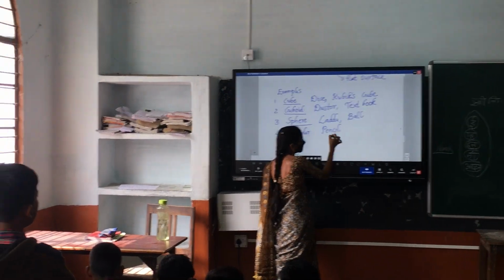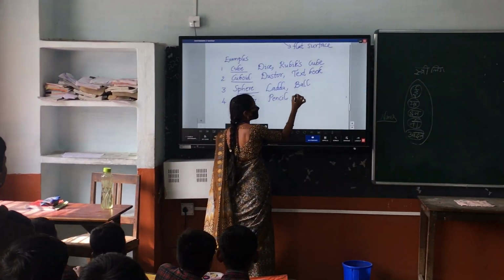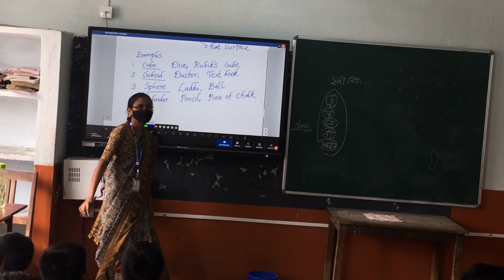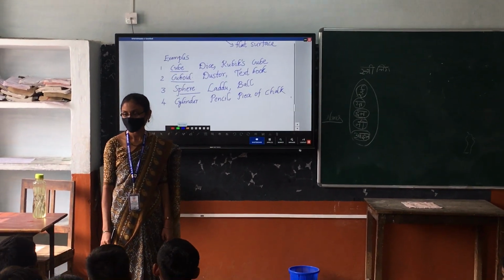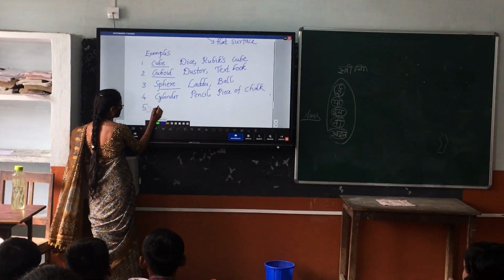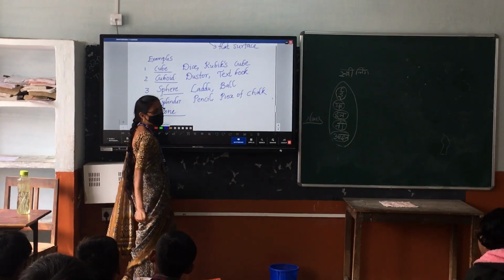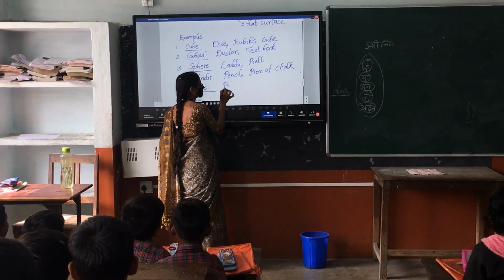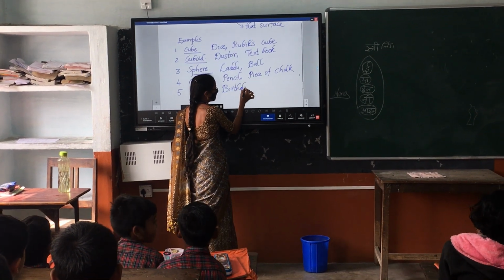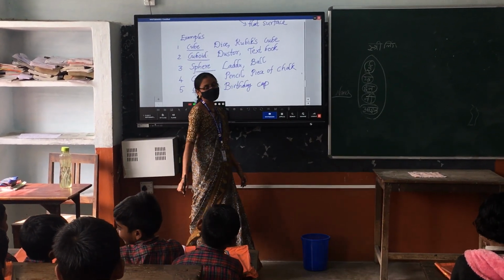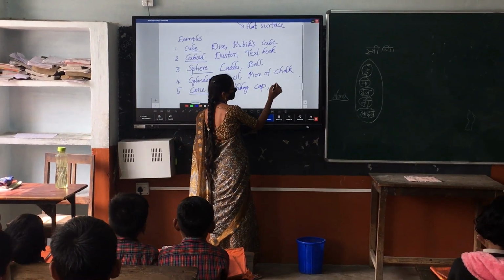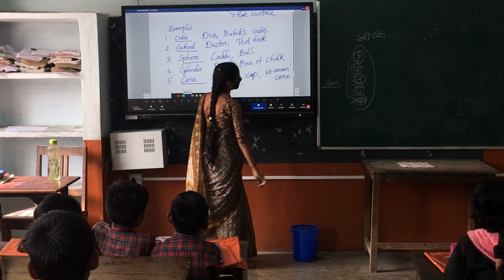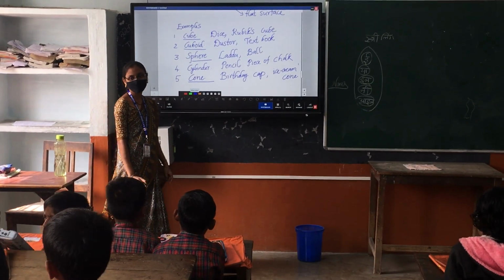Pencil. Piece of chalk. Okay. Bonnet. Ice cream. Okay. This is about solid shapes.